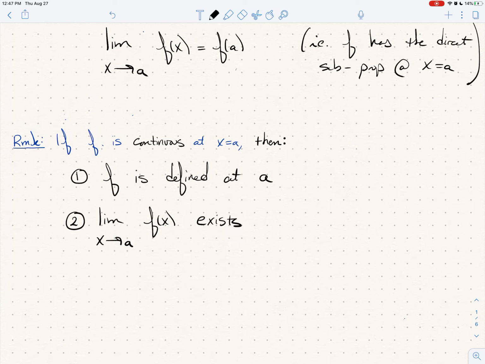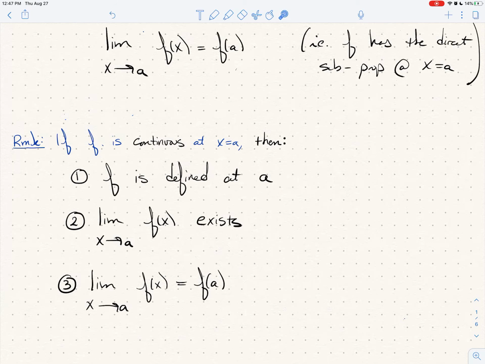There is a number that f is getting closer and closer to as x goes to a. And finally, you don't just know that it exists, you actually know the specific value of the limit. And just make sure that you're aware that this final statement really encapsulates these previous two statements as well.